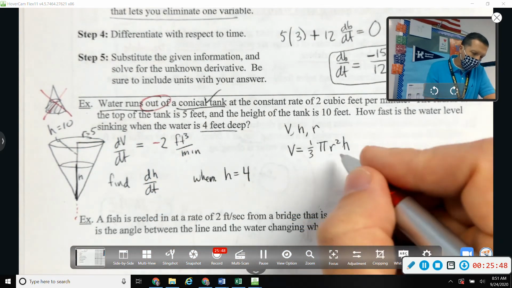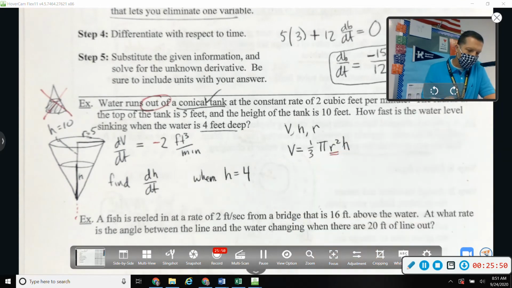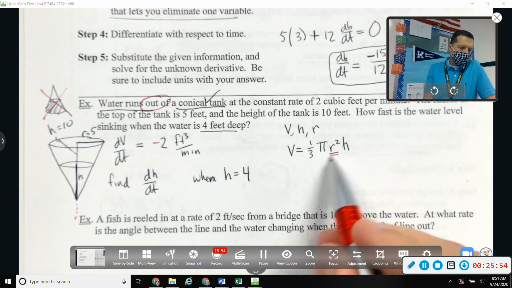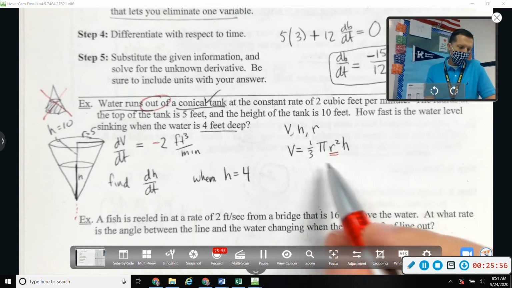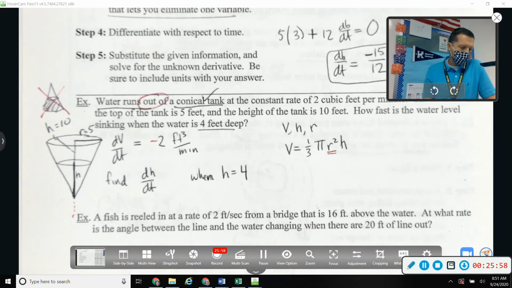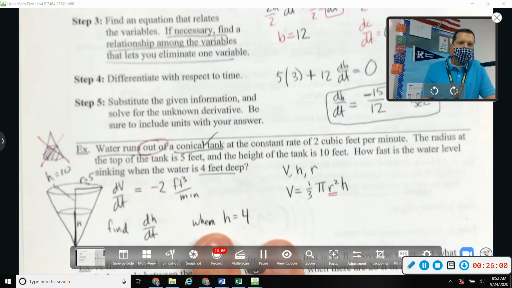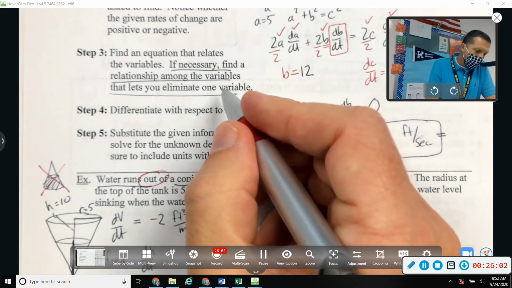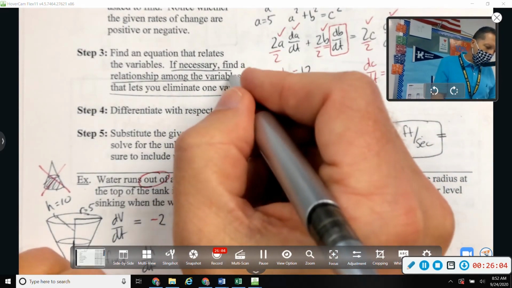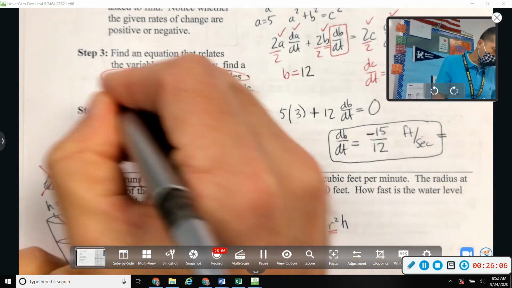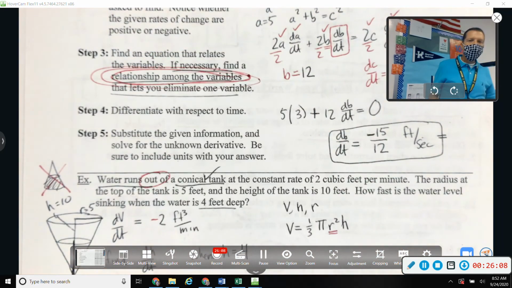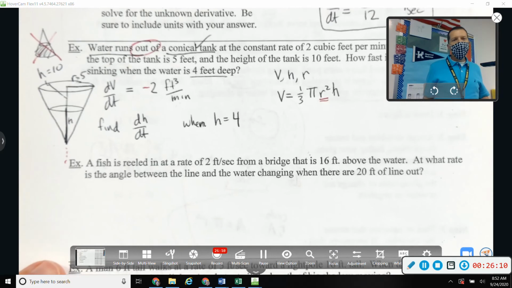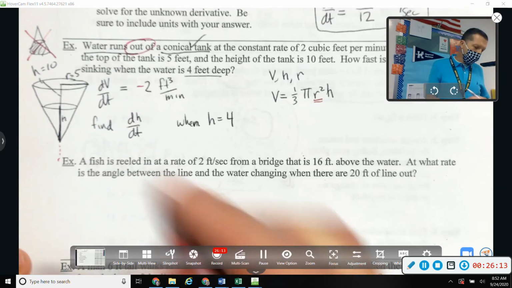So r is kind of a problem child here if I peek ahead, because I get dr/dt somewhere in this problem, and I don't know anything about dr/dt. It would be nice, back here in step 3, if necessary, find a relationship among the variables. Is there a relationship among the variables?